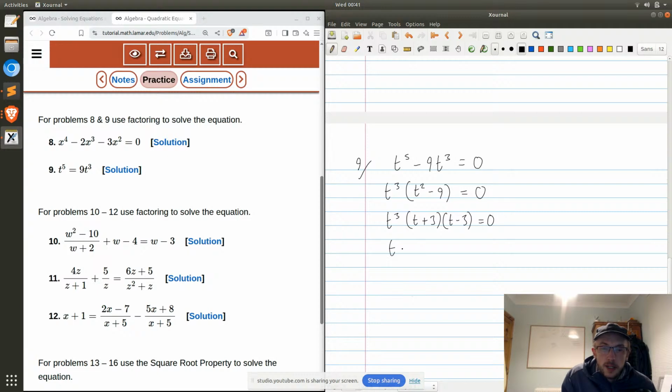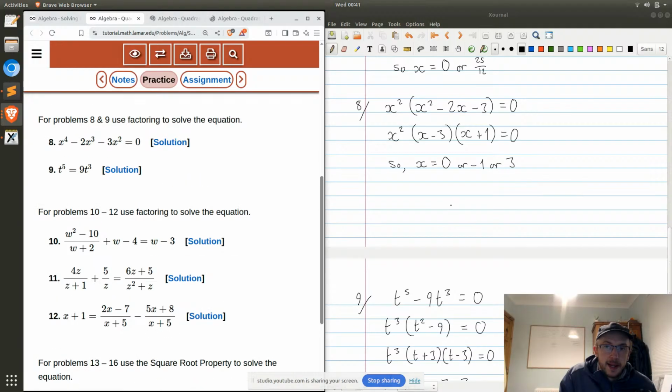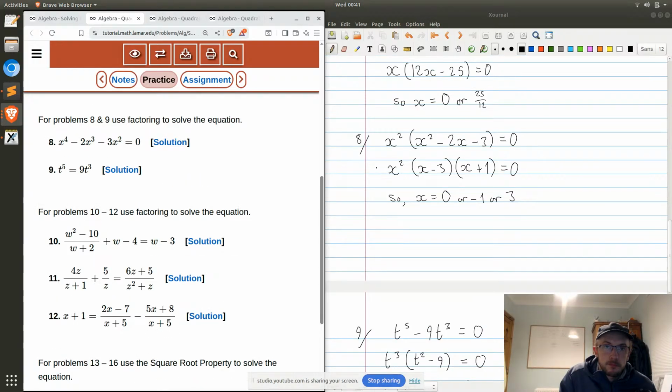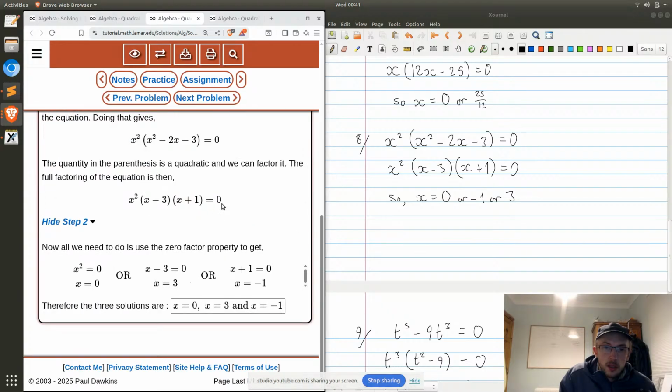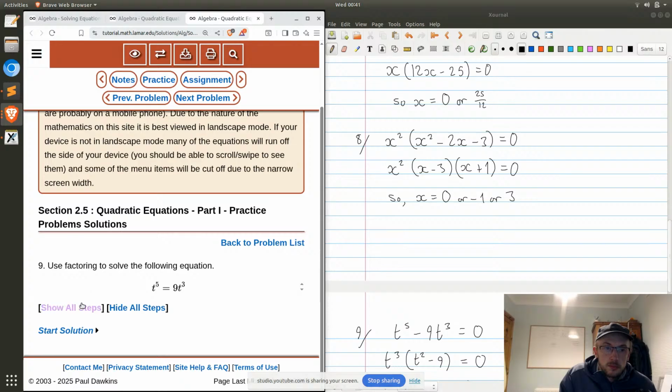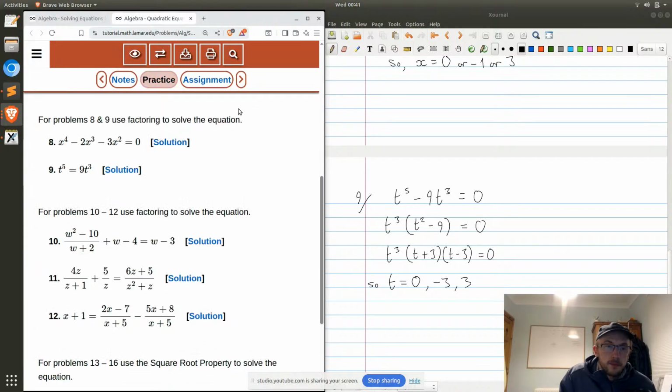And we find out that t is 0, minus 3, or plus 3. And both of these must be checked. And correct. And correct. Okay.